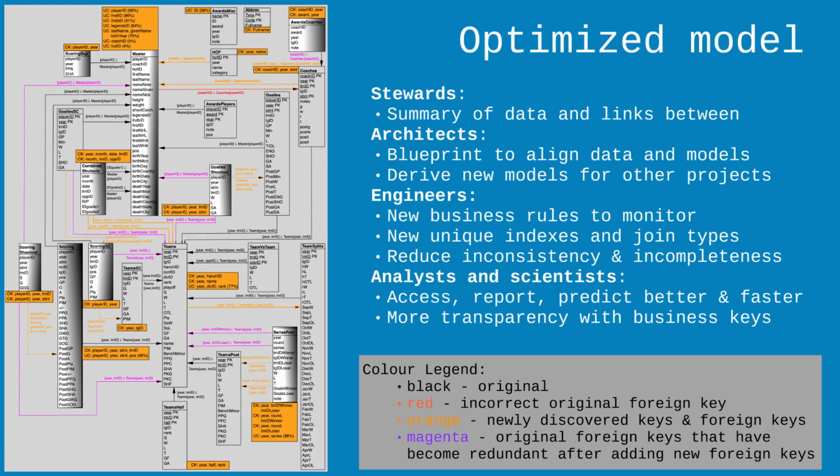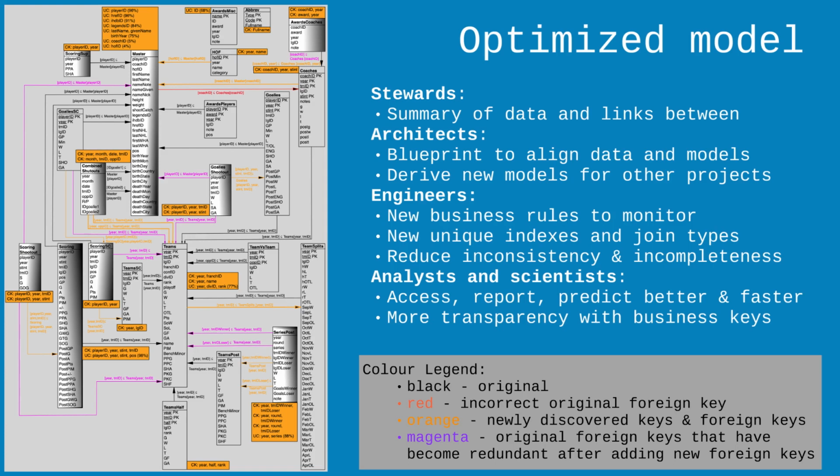Engineers have new business rules that they can monitor and enforce. They have new unique indexes available, as well as join types to speed up data processing and make data pipelines more effective. They're also in a position to reduce inconsistency and incompleteness that we've revealed by our processes. And this all puts analysts and scientists in a much better position.